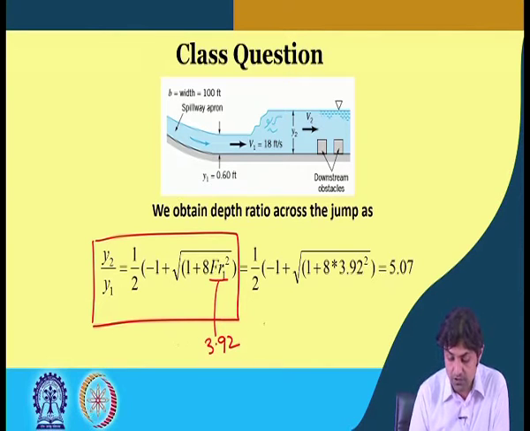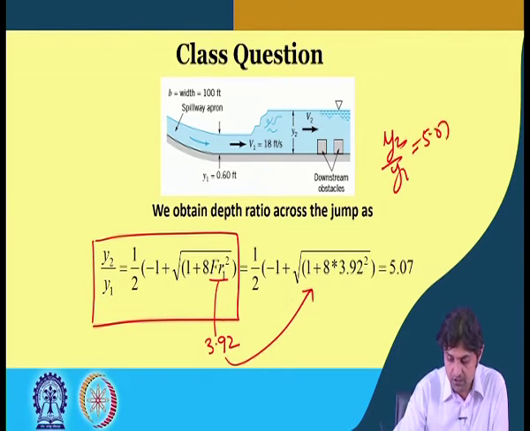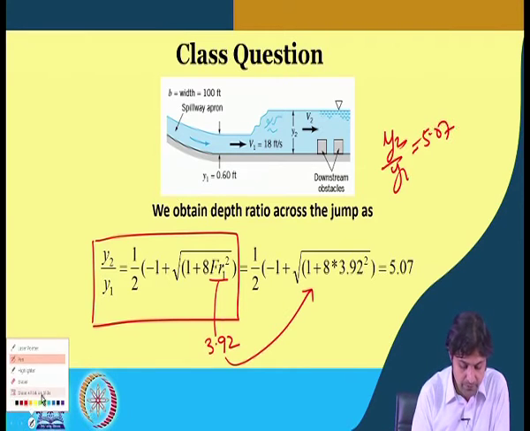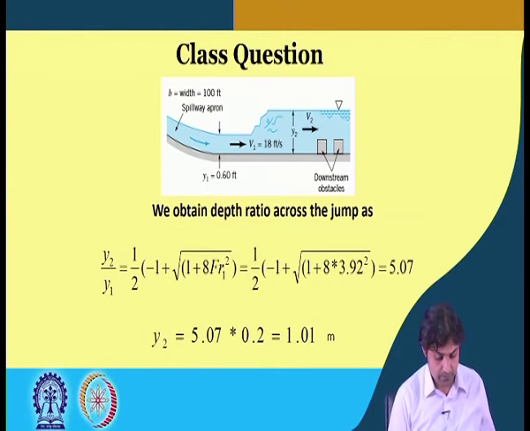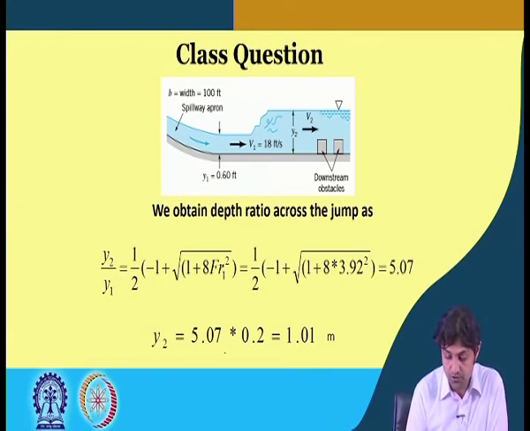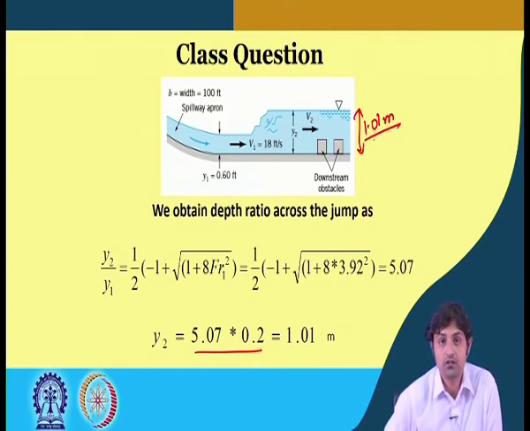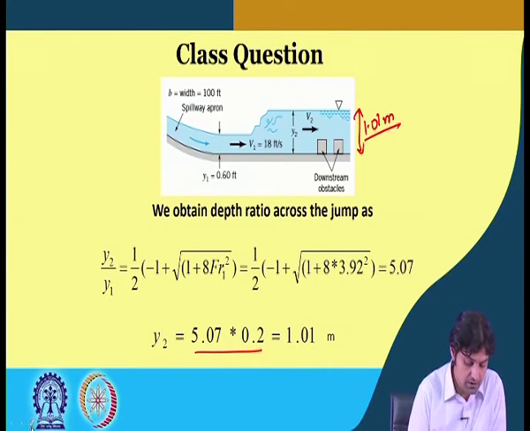Plug these values here. So, what comes out is y2 by y1 is 5.07, all right. Therefore, y2 is going to be 5.07 into 0.2 and that is 1.01 meter, all right.